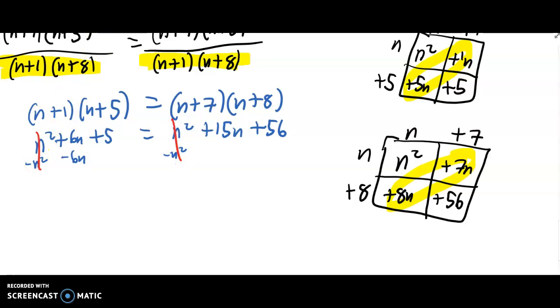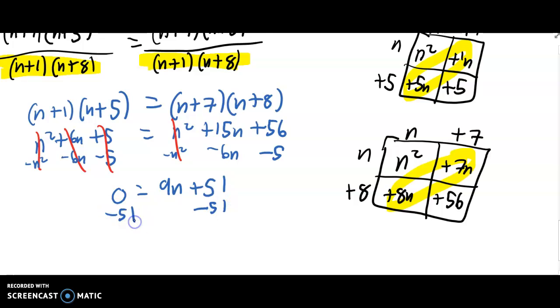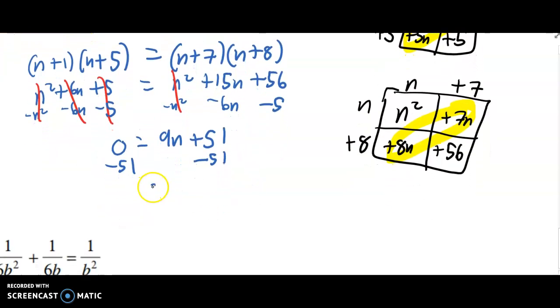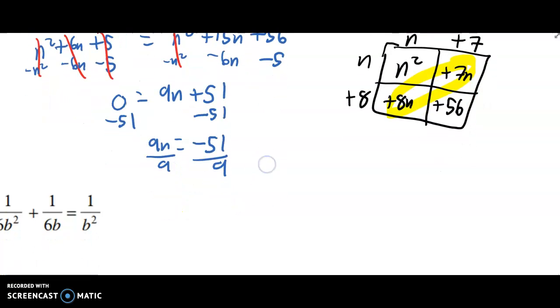Minus 6n, minus 6n, and then minus 5, minus 5. So now I have 0 equals 15 minus 6 is 9, and 56 minus 5 is 51. So 9n equals negative 51. And our final answer is n is negative 51 over 9.